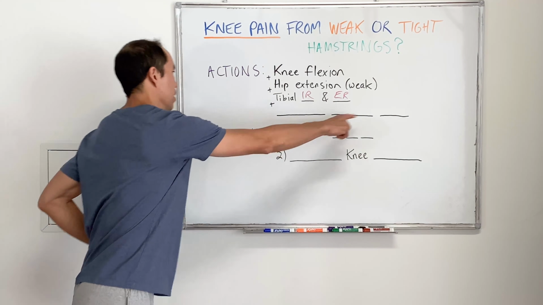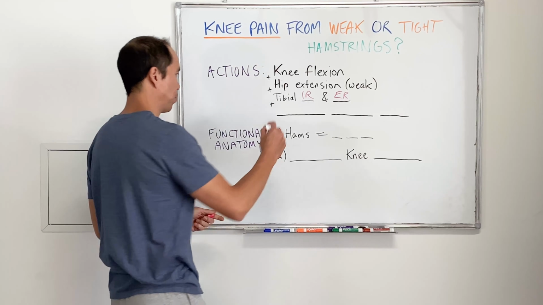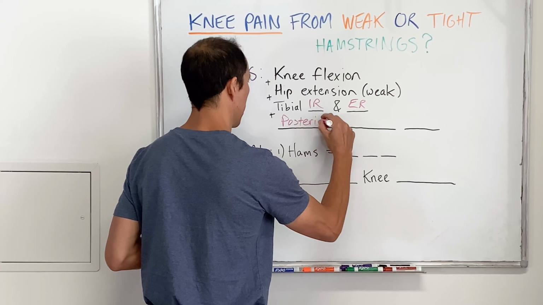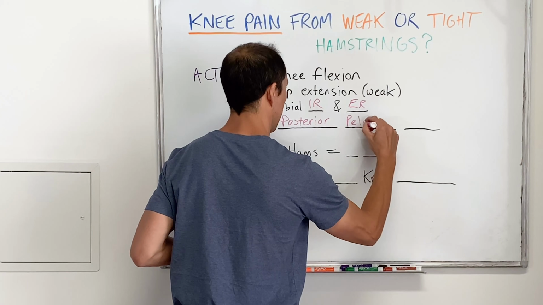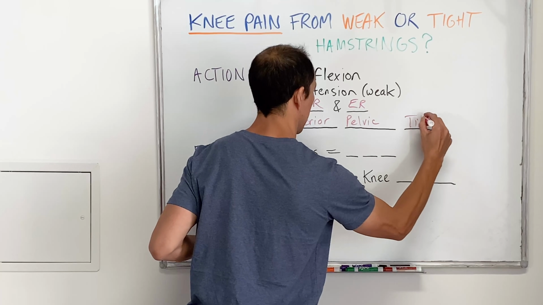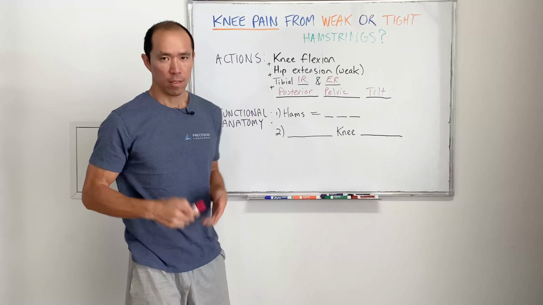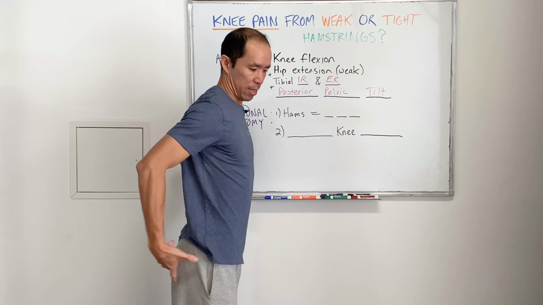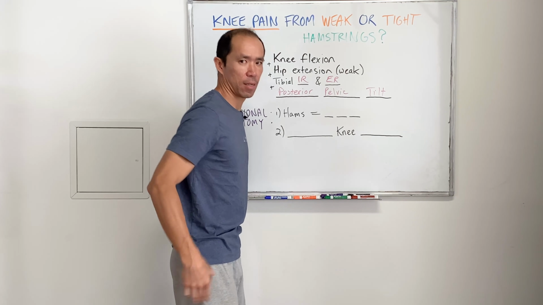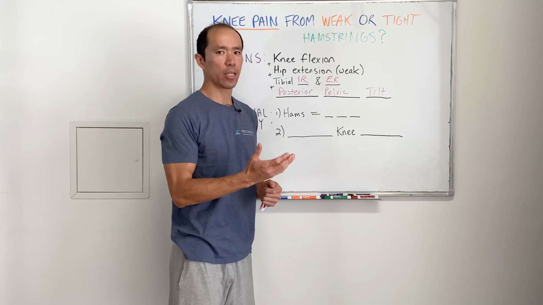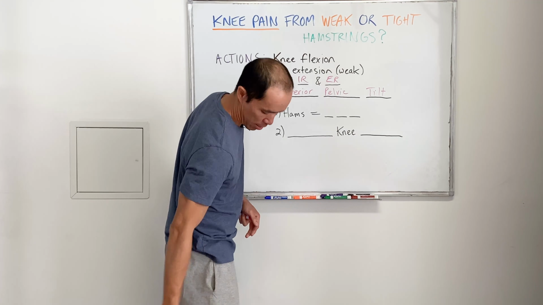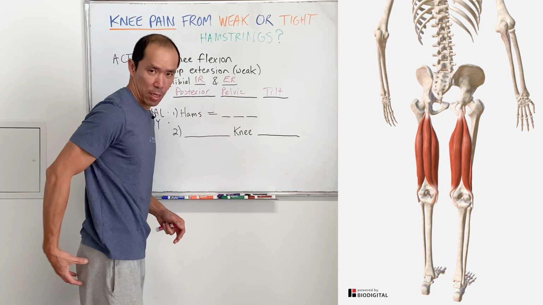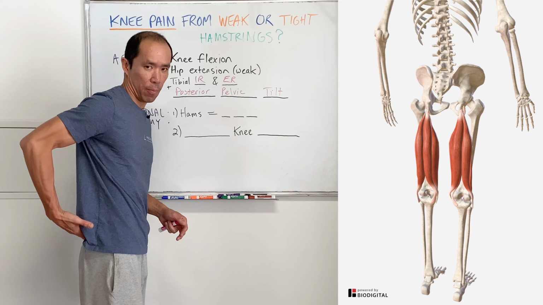And finally, this is one that you might not have heard of before with respect to hamstring function. It's posterior pelvic tilt. So you may have heard of that term before in that movement. That's if I had a tail and I tucked that tail between my legs, the hamstrings would be contributing to that movement because they insert down on the lower leg here and they originate up on the pelvis.